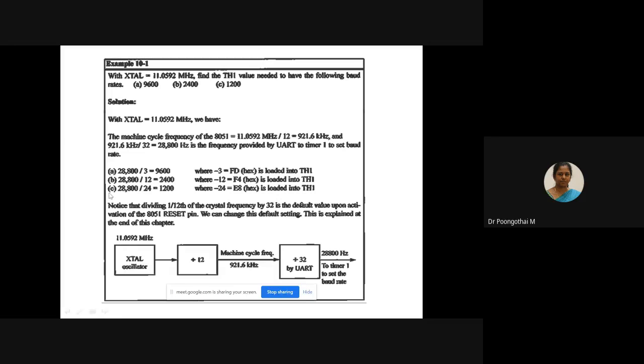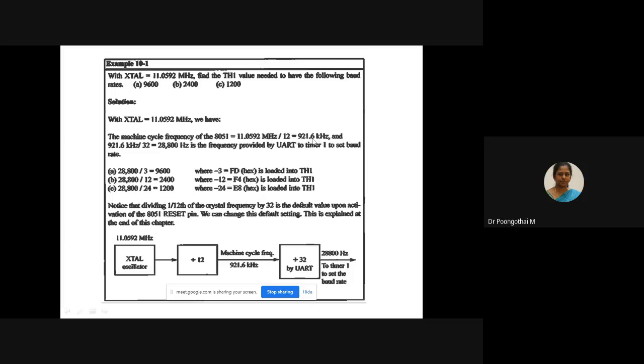Please look at this one. Your frequency is 11.059 megahertz. We have to find the initial value of the timer for the following baud rates: 9600, 2400 and 1200. The machine cycle frequency is 11.0592 megahertz divided by 12, which is 921.6 kilohertz.